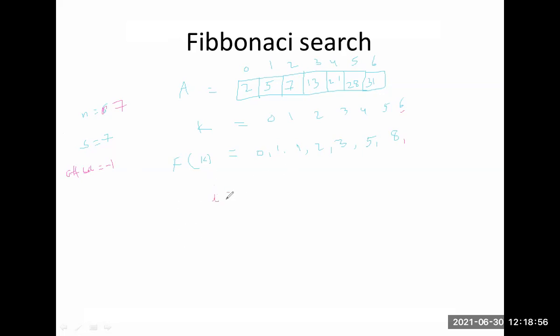So i equal to minimum of offset. Offset is -1 plus f of k. So what is the f of k value here?